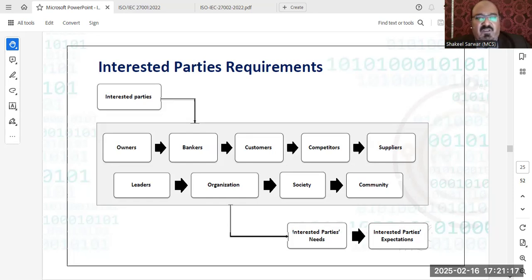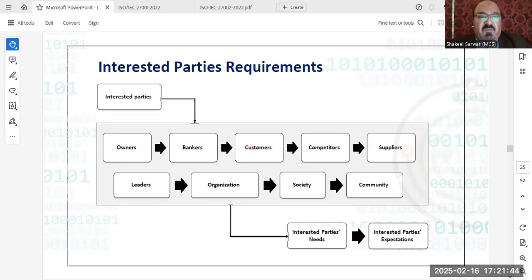Customers may require protection of their personal data and privacy, assurance of secure business transactions and service continuity, and transparency regarding data handling and security practices. Impact could be meeting customer requirements, which fosters trust, loyalty, and long-term relationships.